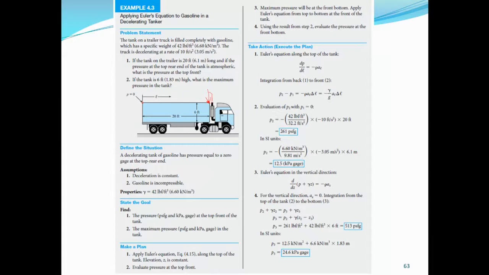The maximum pressure will be at the front bottom. That is this point. And don't forget it is decelerating. So what is the direction of the acceleration? The direction of acceleration is in the opposite direction now because it is decelerating.